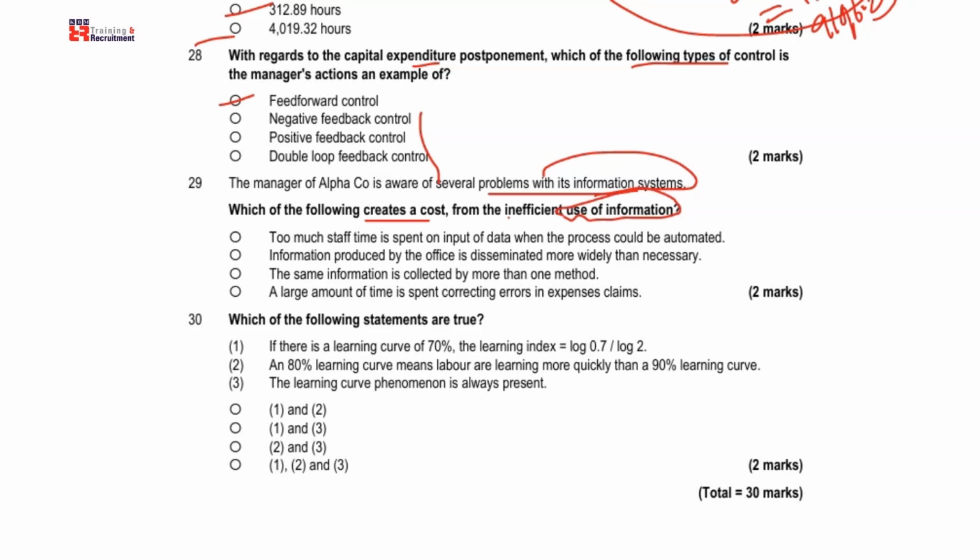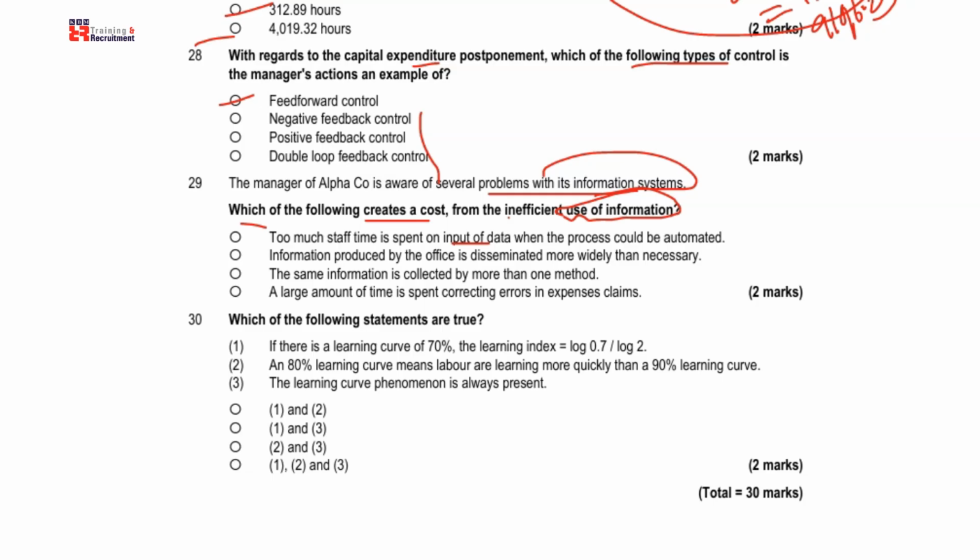If you use your information inefficiently, it creates a cost. Too much staff time is spent on input of data. This is not the use of information, it's the input of data. It's not a good thing either, but that's not our question.